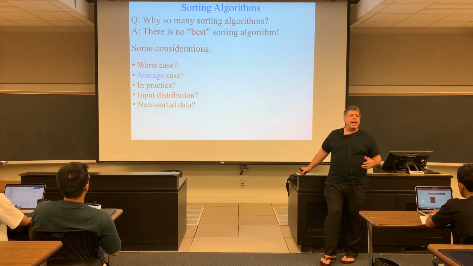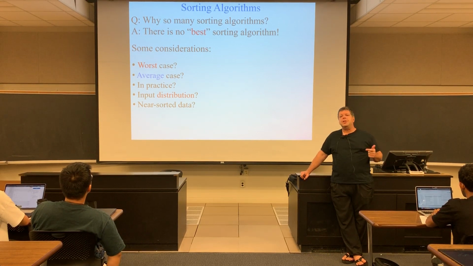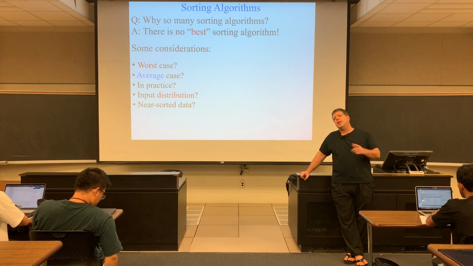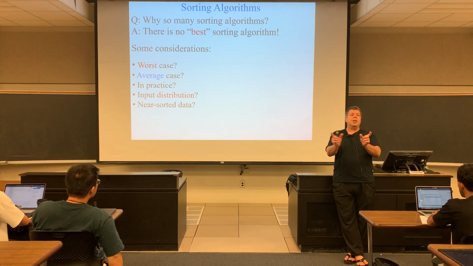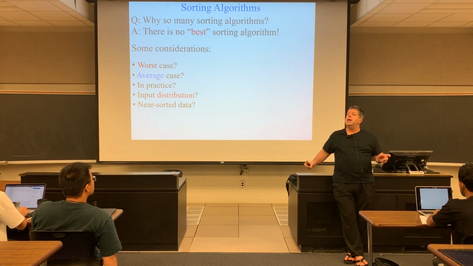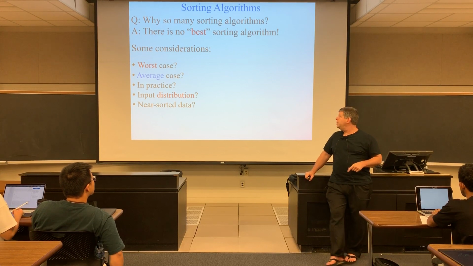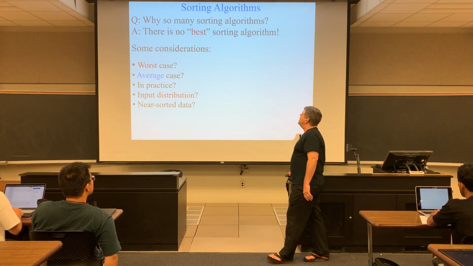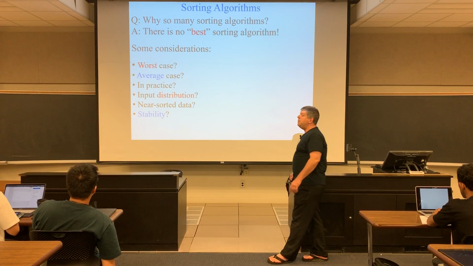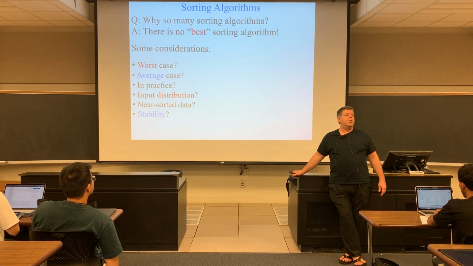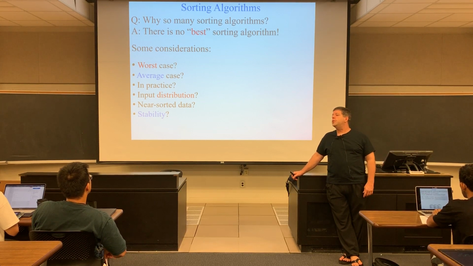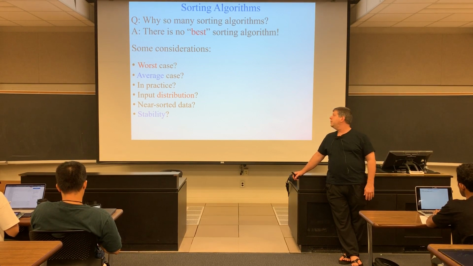If the data already has some sorted properties, if it's near sorted, or sorted ascending or descending, or is the juxtaposition of two sorted lists, you may want to pick one algorithm over the other, and that'll be a lot more efficient. For example, if the data is already sorted, the sorting algorithm is very simple. You just don't touch it, don't sort it. It's already sorted, right? And that you can do very, very quickly.